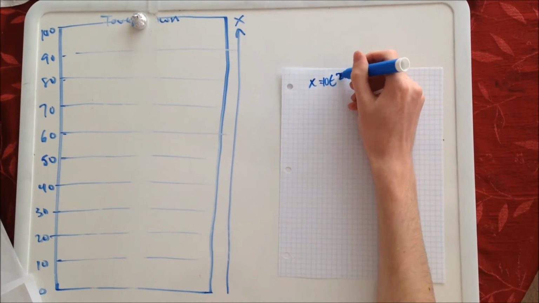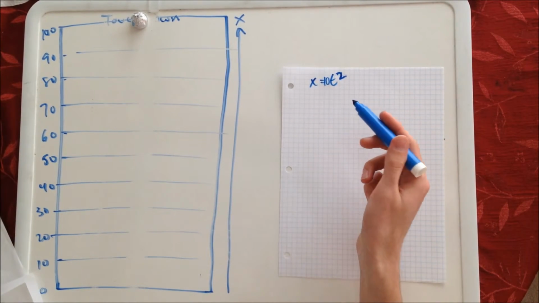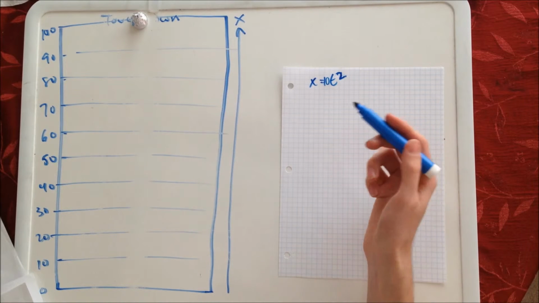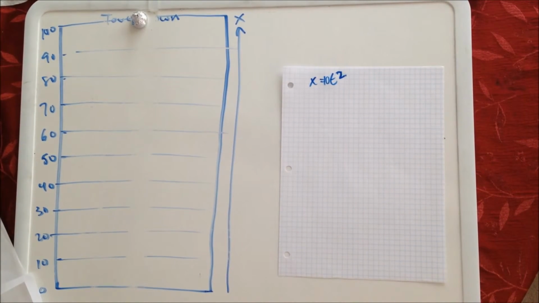So if we have this function that represents the robot's movement, x equals 10t squared, we're going to take the derivative of this basically. So we're going to find the slopes at different times.